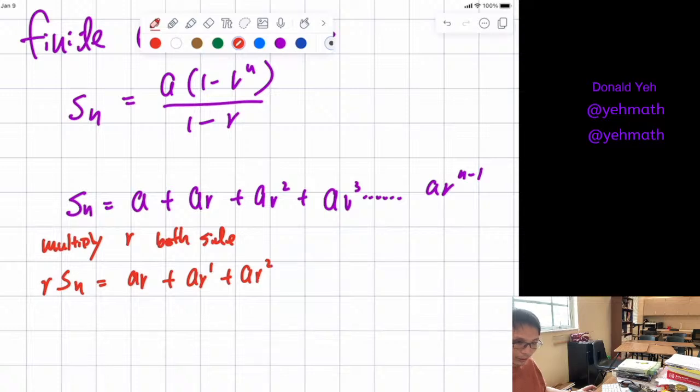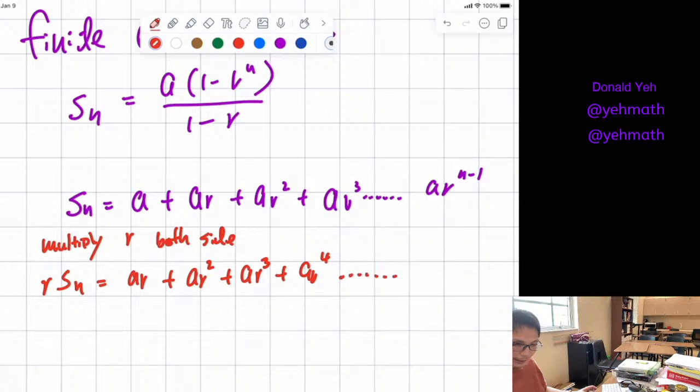r to the square plus a r to the third plus we also do the four. This is r square, you're right, this is 3 and this is 4, right?